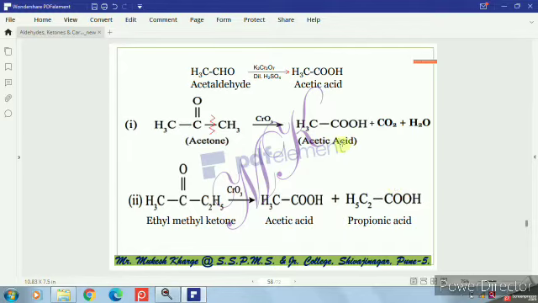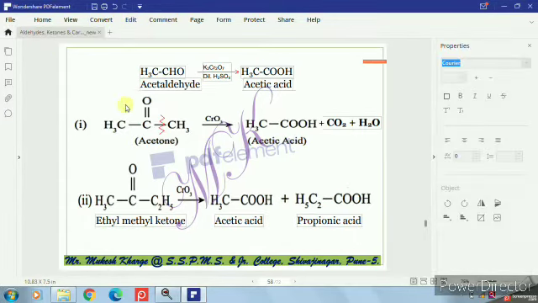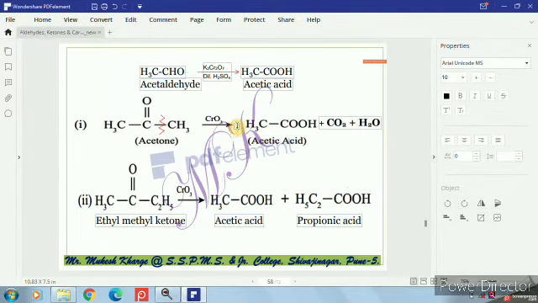Here we get two molecules of acetic acid. So you can write that here. You have to mention two here.